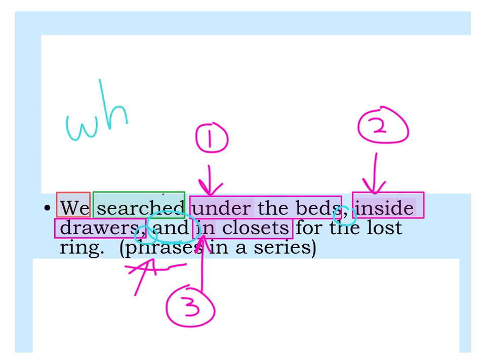The answer to the question, where did we search, has 3 answers. We put them in a list or a series. And in our series, we have the first one, under the beds, and then our comma. Then we have our second one, inside drawers, and then our comma. And then we have the word and then our last one, in closets.